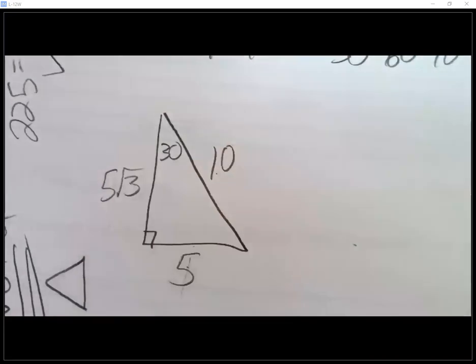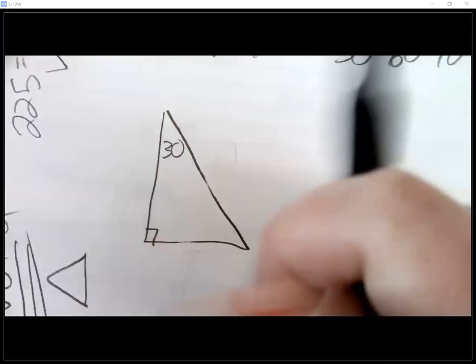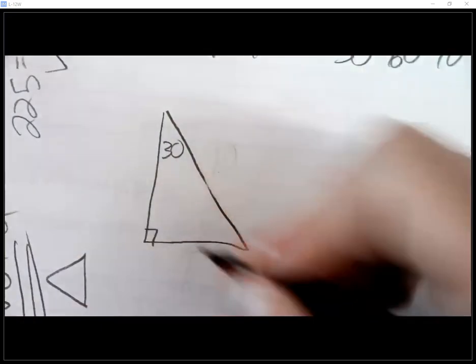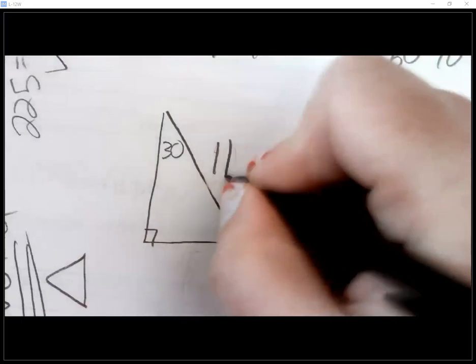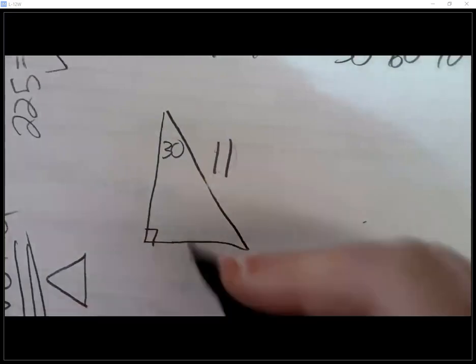Okay, not so bad. Could it get worse? What if the hypotenuse was 11? What's the short side? True. Leave it as a fraction though. Just call it 11 over 2.